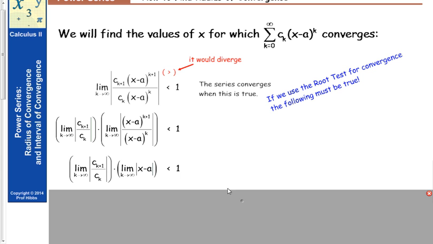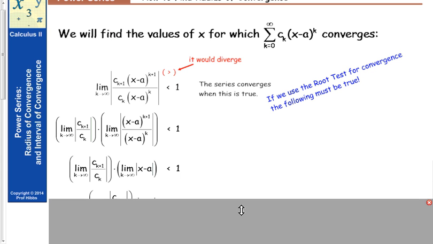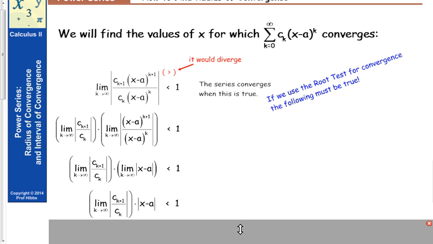Now, if you look at this expression, we just have one more power of x minus a in the numerator than we do in the denominator. So this second fraction ends up just being the absolute value of x minus a. This still has to be true for the original series to pass the root test for convergence.